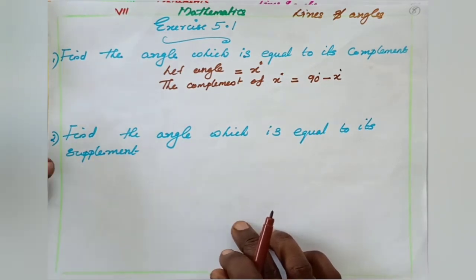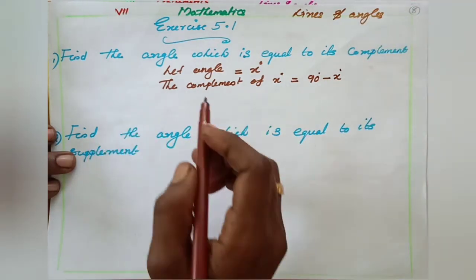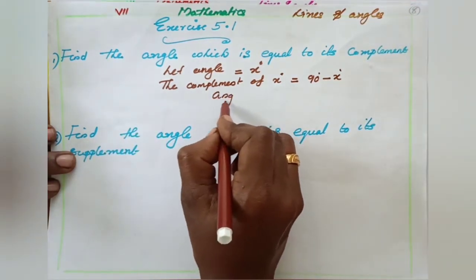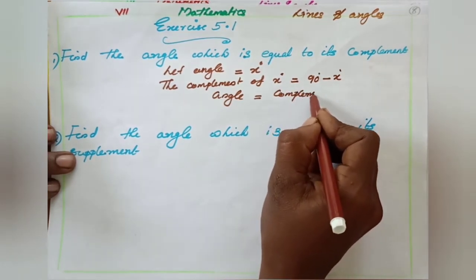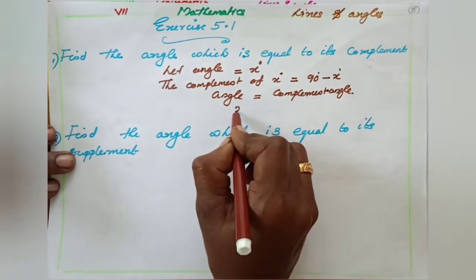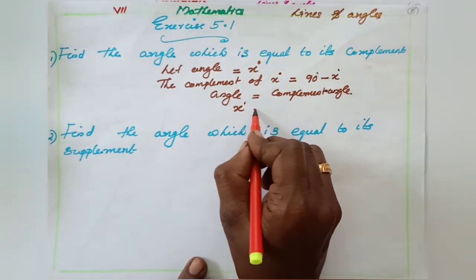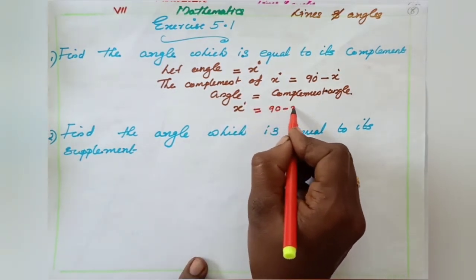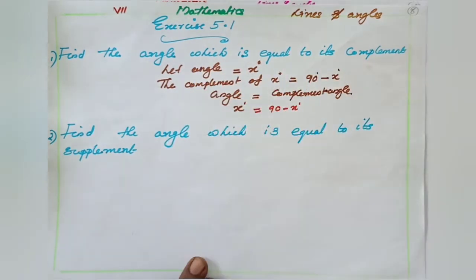According to the question, the angle and its complement are equal. So x degrees equals 90 minus x degrees.